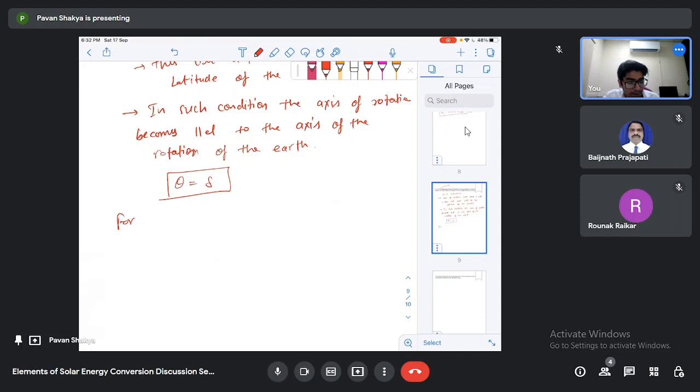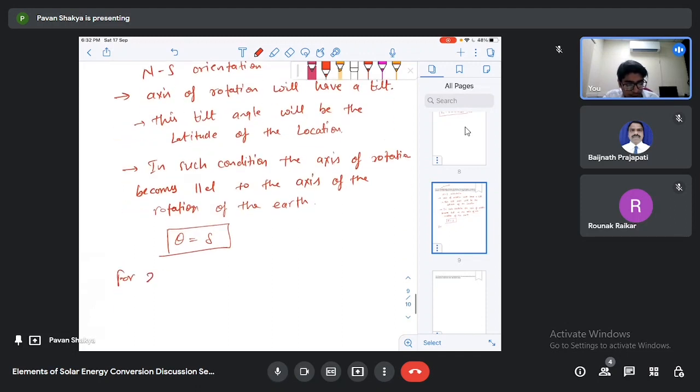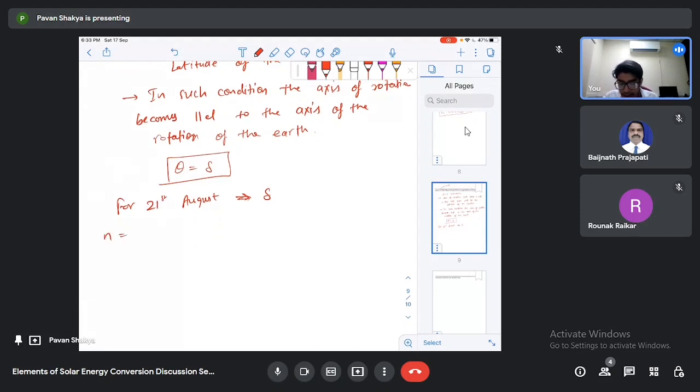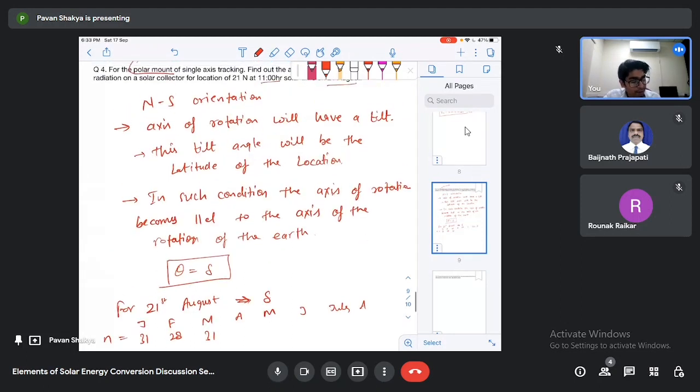So for 21st August, we have to calculate the declination angle, that is delta. For that, we will calculate n. So Jan 31, Feb 28, March 31, April, May, July, August. So August 21 is asked.